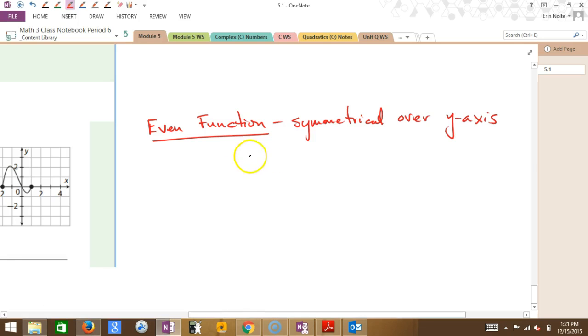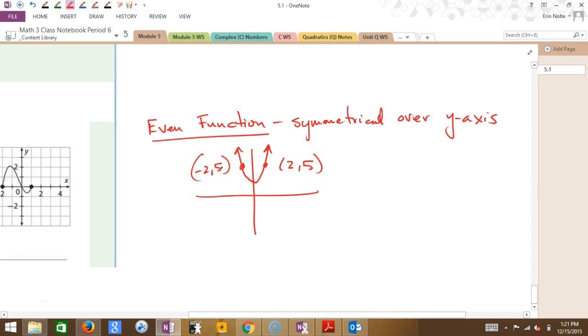The other way to think about this is to think about it, we've kind of been talking about it with points, right? Let's say this point looks like 2, 5. What would this point that's on the exact other side be? Negative 2, 5.